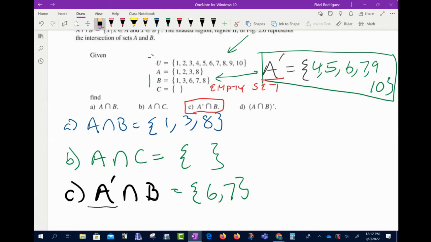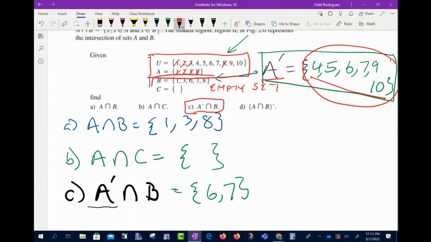The way we found A complement was we said, I want to find the numbers that are in U, but I don't want to use the numbers 1, 2, 3, or 8. So we said, look, let's scratch out 1, 2, 3, and 8 and look at the numbers we were left with, 4, 5, 6, 7, 9, and 10, which is what we had right there, right? And then we said, okay, now let's look at this set here, and let's look at B right here. And then let's find the ones that we have in common, all right?